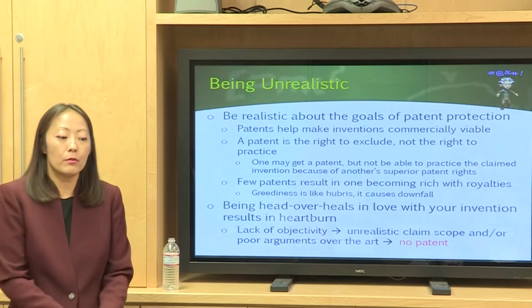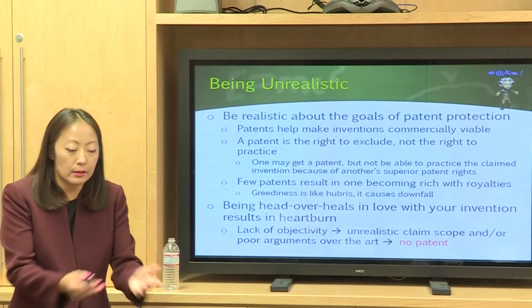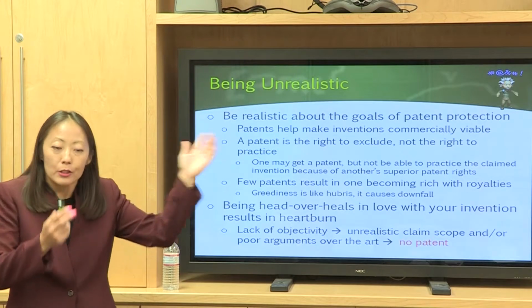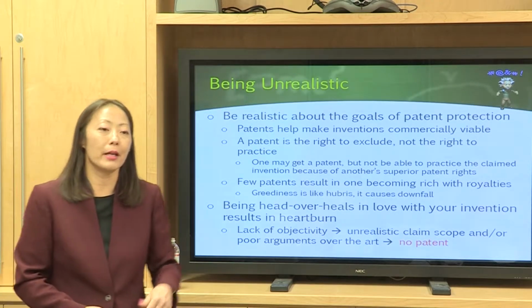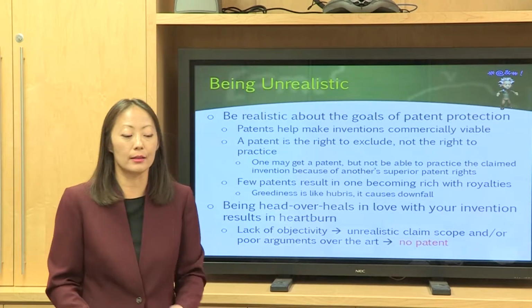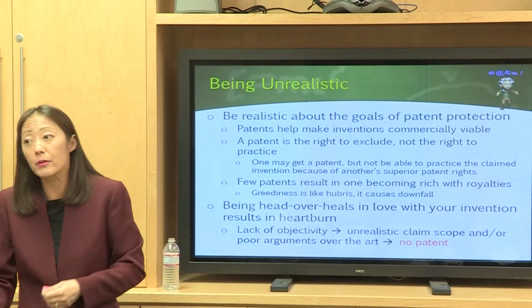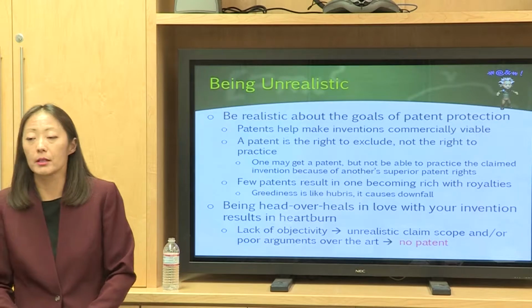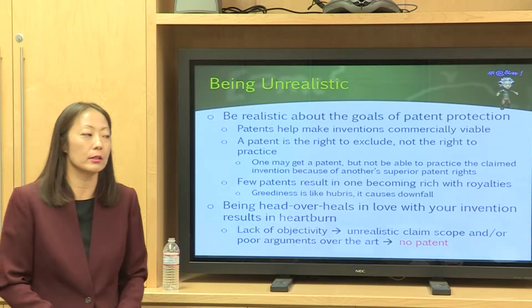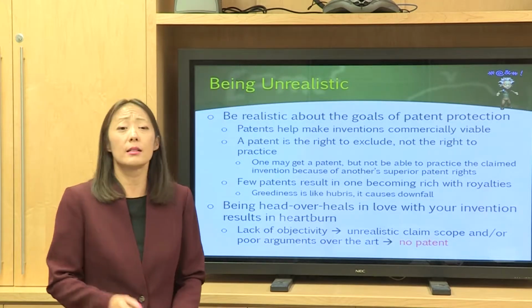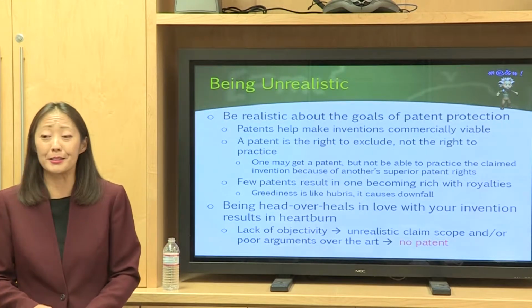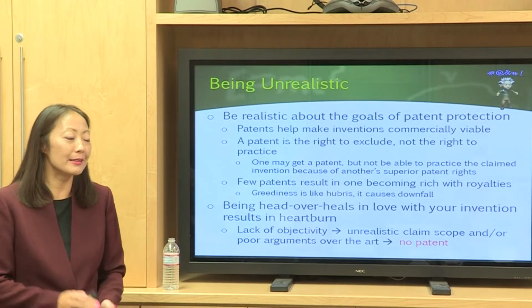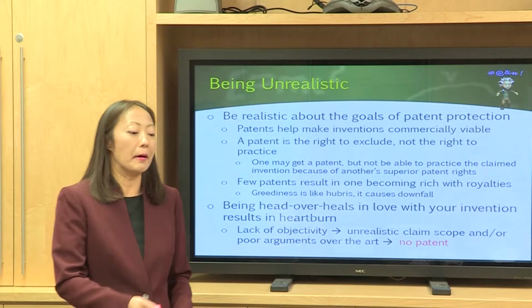Remember that, you may get a patent on something, but another's rights may exclude one from actually practicing that. And so often that may be the reason why your invention isn't pursued for patent protection, because there are going to be global rights where it's just not commercially viable. It doesn't mean that your science isn't worthy. So that's not the contemplation.